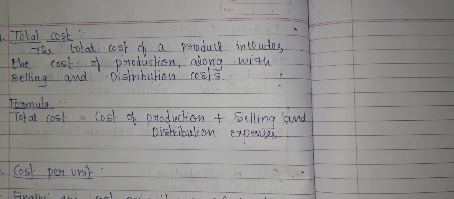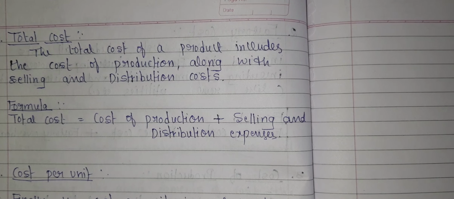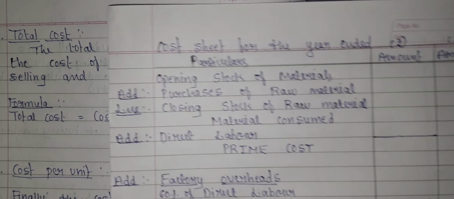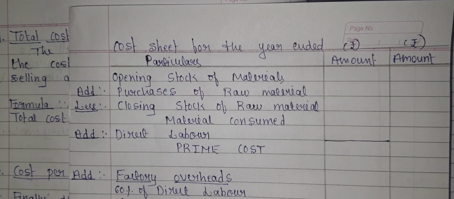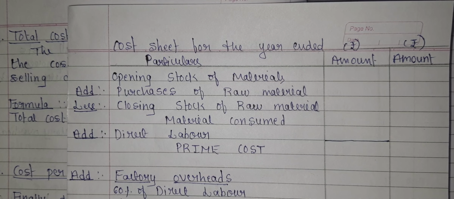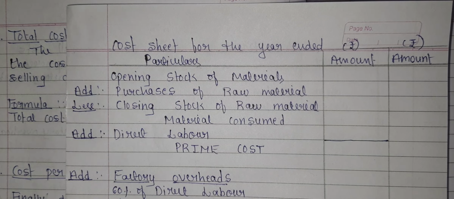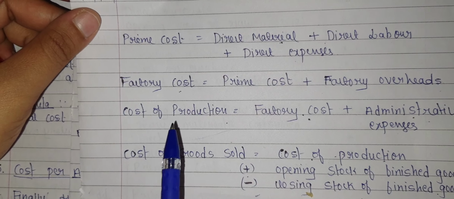Let's solve the problem. Here, cost sheet for the year ended. In the cost sheet, first what do we have to find out? First we have to find out the prime cost, and after that the factory cost.